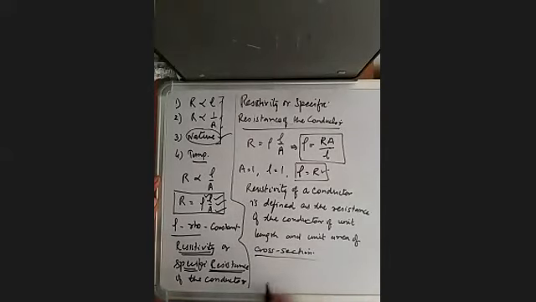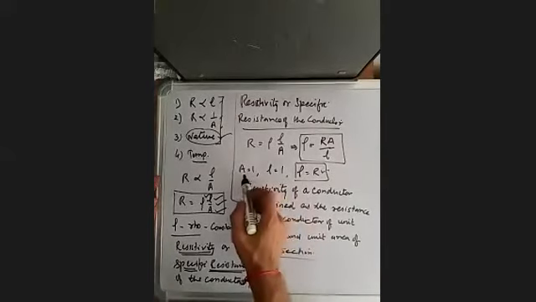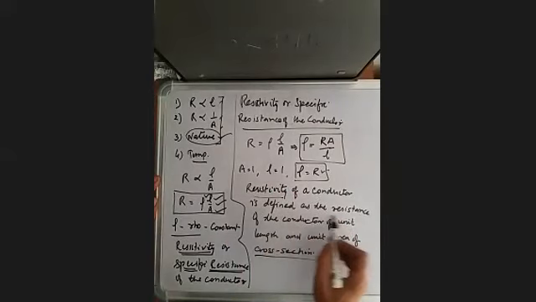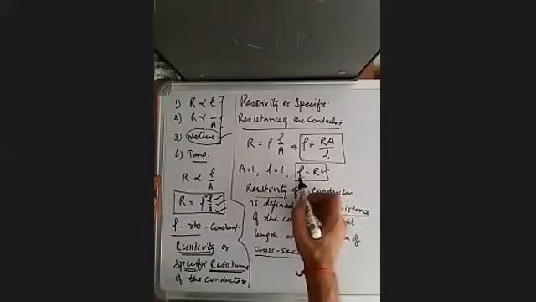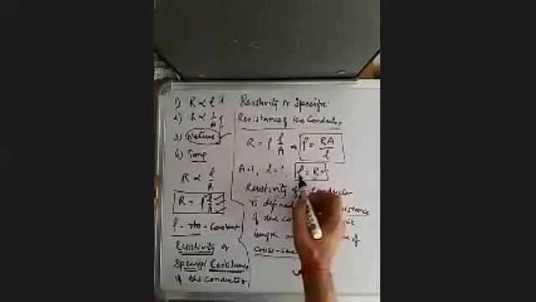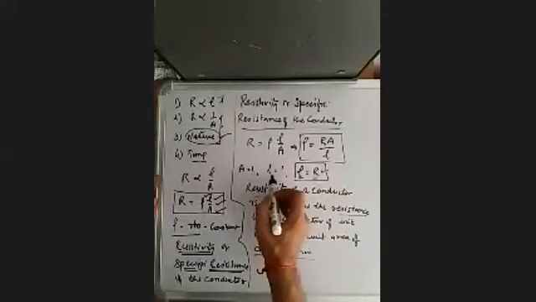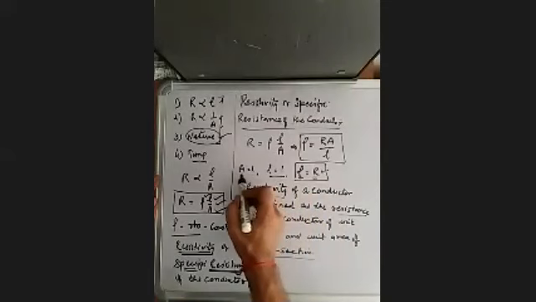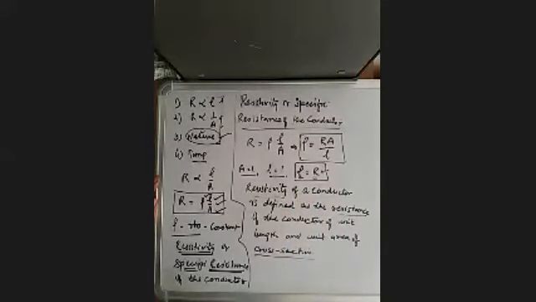So that is the definition of resistivity. So as we have just mentioned already, resistivity is equal to resistance. Whatever the value of resistance in magnitude, that will be the value of resistivity in magnitude, if the length of the conductor is unit and its area of cross section also is unit.